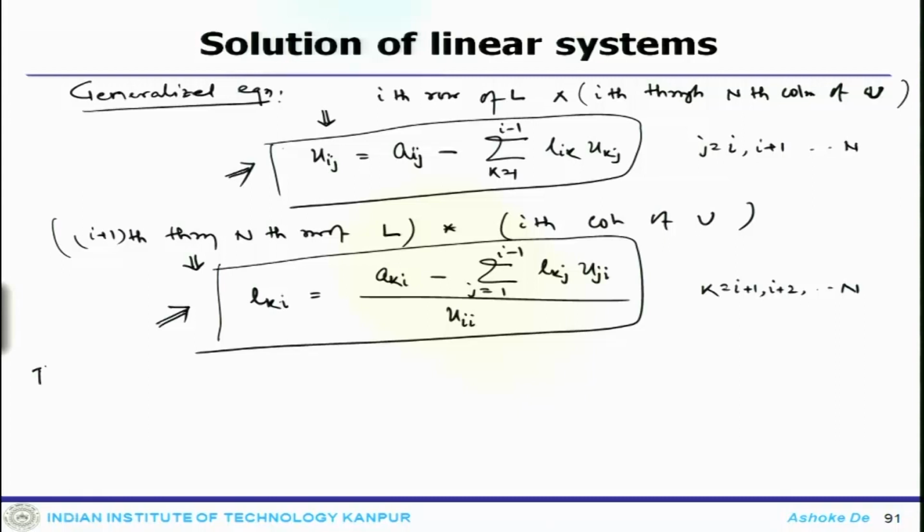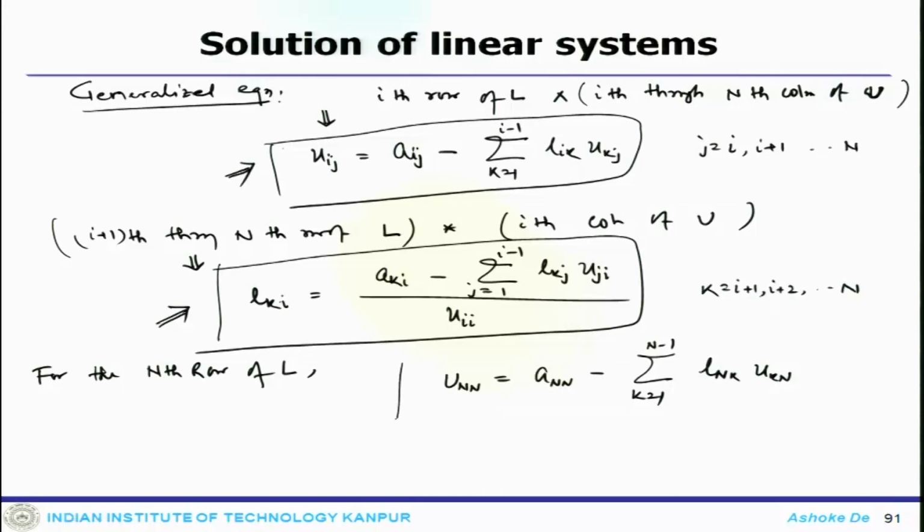Now, for the nth row of L, its coefficients are multiplied by the coefficients of the nth column of U, which will give you Unn, which is Ann minus the summation over k equals 1 to n minus 1 of Lnk ukn. So, the nth row you obtain like that.